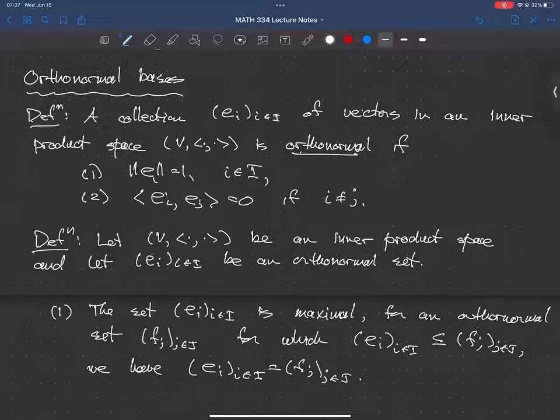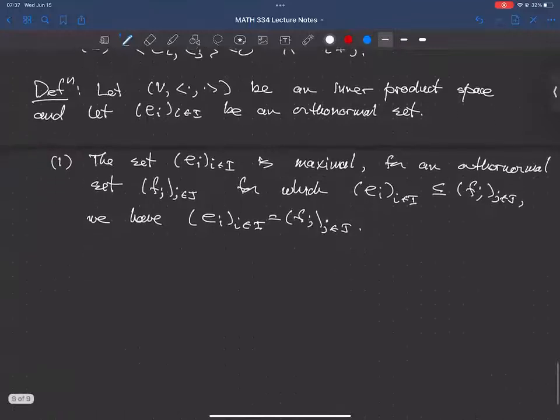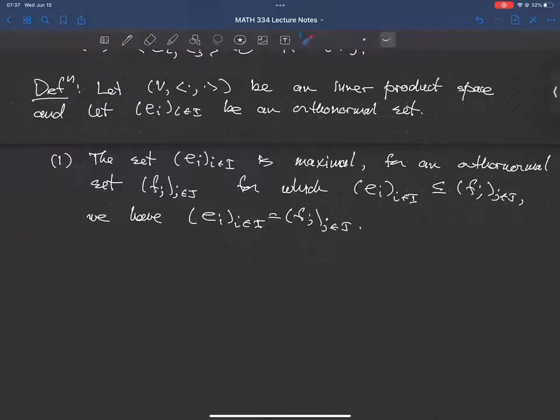So this means more or less that you can't add any more vectors to E and have it still be an orthonormal family. Okay, that's how to read that definition. So it's maximal with respect to the property of being an orthonormal set.